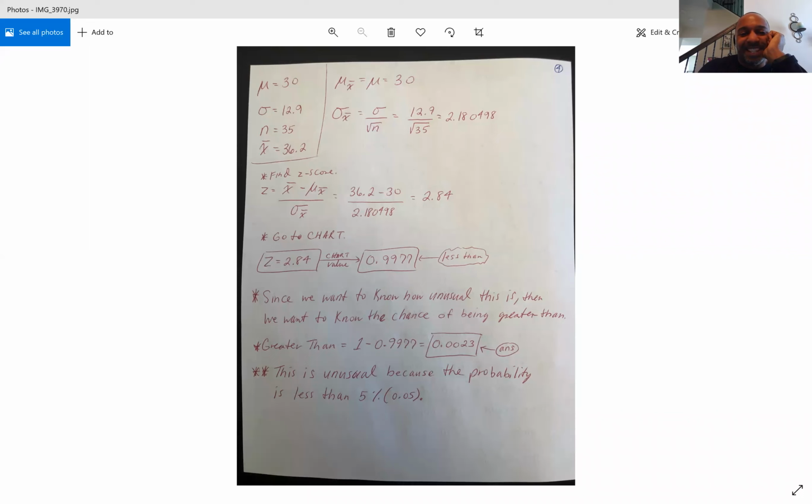So let's see. So we did 8-1. Got 1, 2. Let's see what's next. What's the next class? Trying to map this thing out, y'all. So we got 8-1, 8-2.